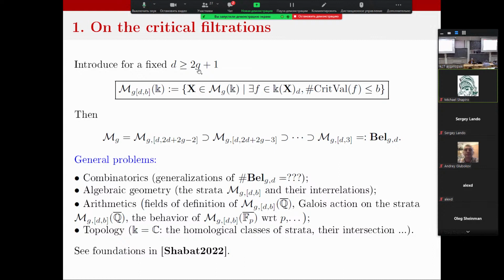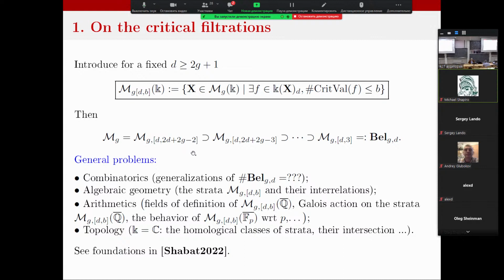Here G is the most fixed of the three parameters. So inside the moduli space of genus G, we fix D and then consider various B's, from one extremity to the other. This extremity is, according to the well-known theorems of algebraic geometry, that every curve has a rational function, a Morse rational function with this number of critical values.